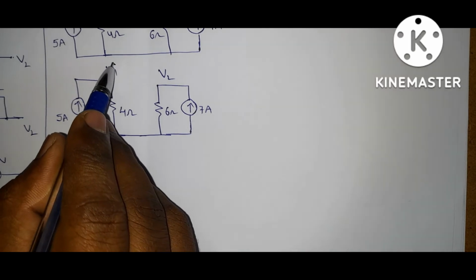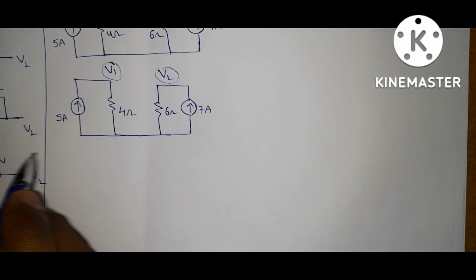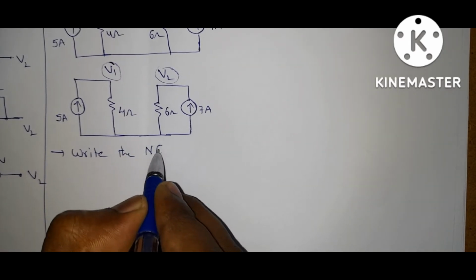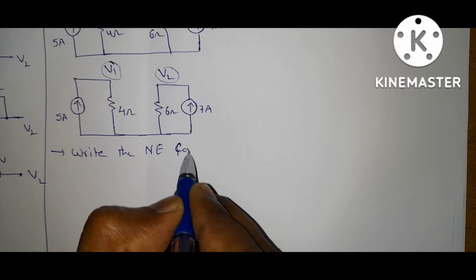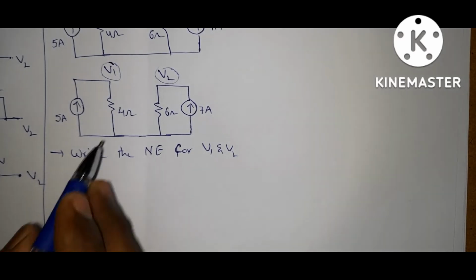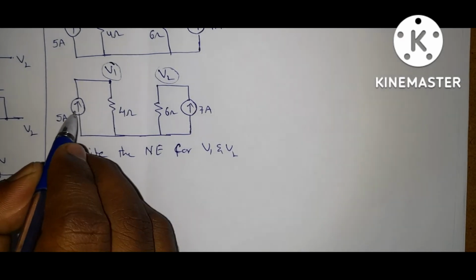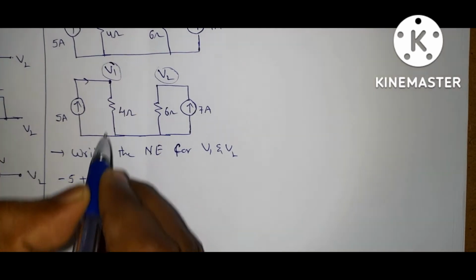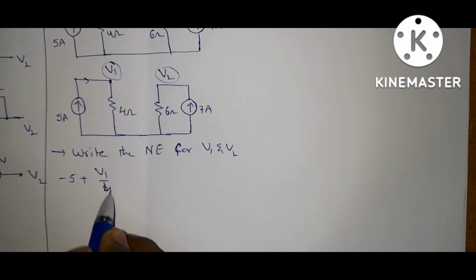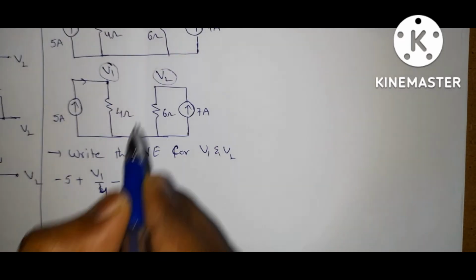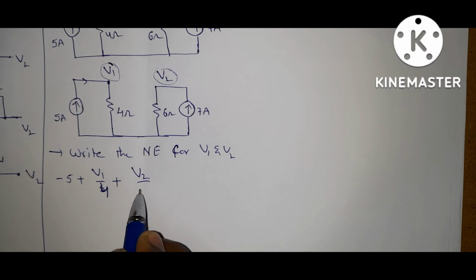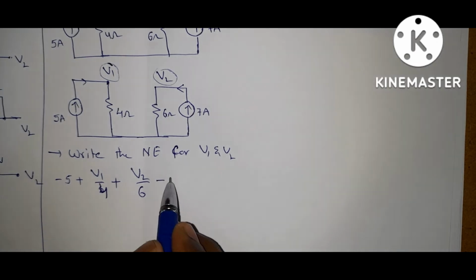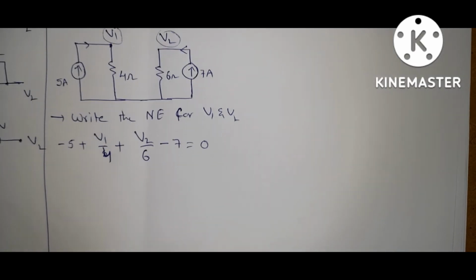Now write the node equation for V1 and V2 combinedly. For V1, what is the node equation? This current is coming towards the node, so taking it as negative, plus V1 by 4, plus for V2, V2 by 6 for this branch, and this current is coming towards the node, so it is minus 7, is equal to 0.